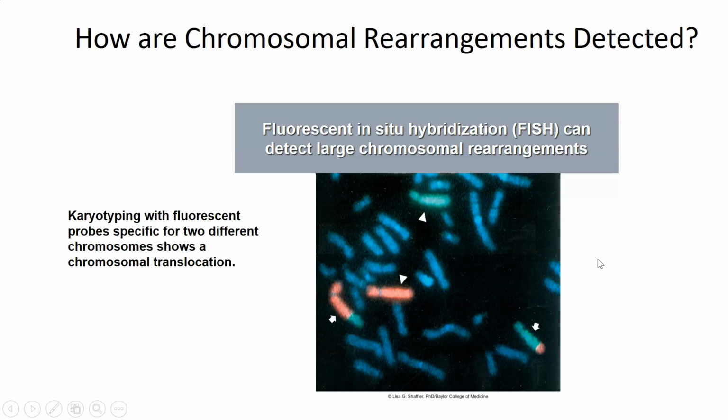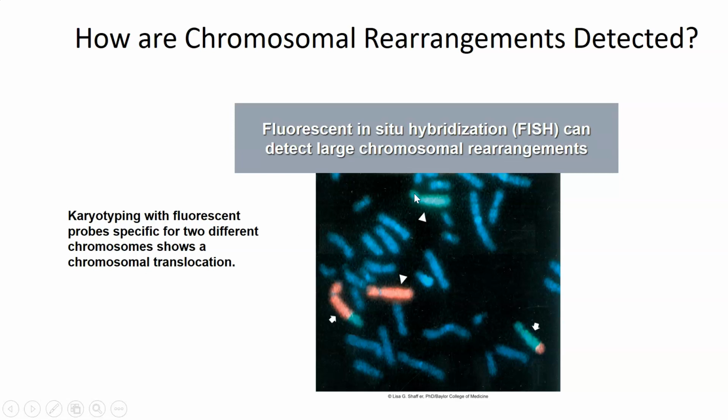So if there's a probe that fluoresces green, that's typically going to detect one chromosome, and a different probe that fluoresces red is targeted to another chromosome, and you stain a chromosome spread from metaphase of mitosis with these two probes. The other chromosomes are stained with a DNA stain.